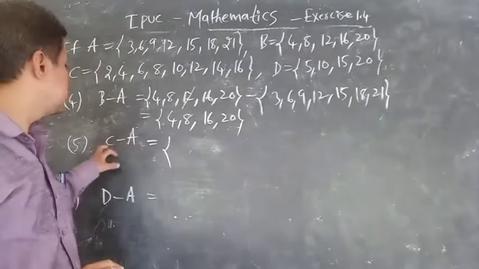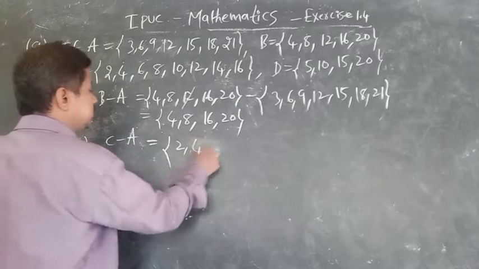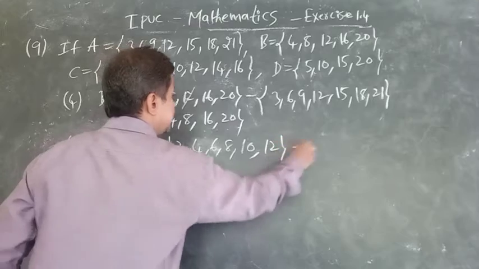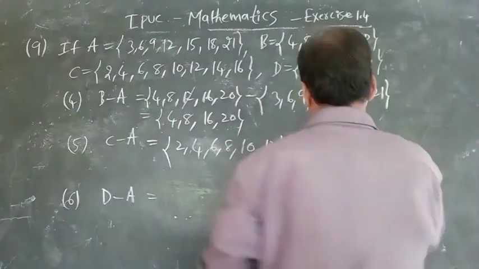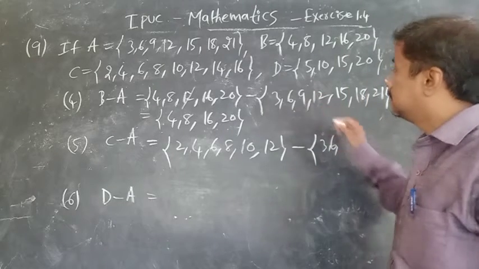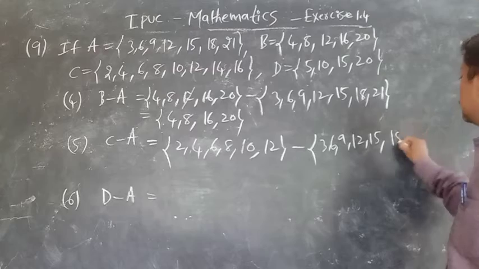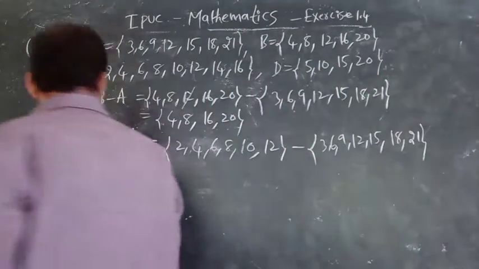Next we will move to the C minus A. Write down C set first. C: 2, 4, 6, 8, 10, 12, minus A. A means 3, 6, 9, 12, 15, 18, 21. Okay. Like that first you have to write. Next cancel.